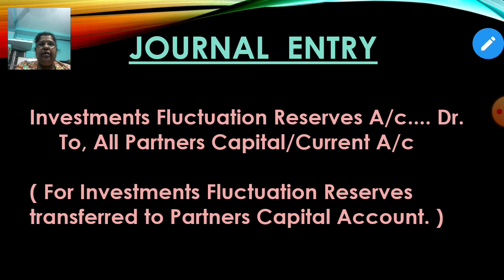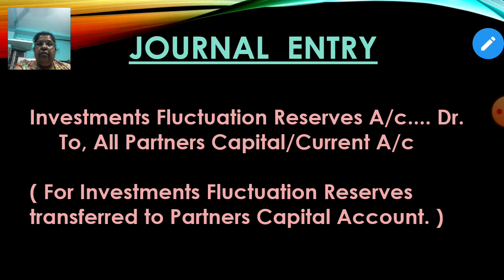And your journal entry will be investment fluctuation reserve account debit to all partners' capital account / current account. Now you know when to write capital account and when current account. Capital account is written when the partner's capital account is treated as fluctuating, and current account when the partner's capital account is treated as fixed.